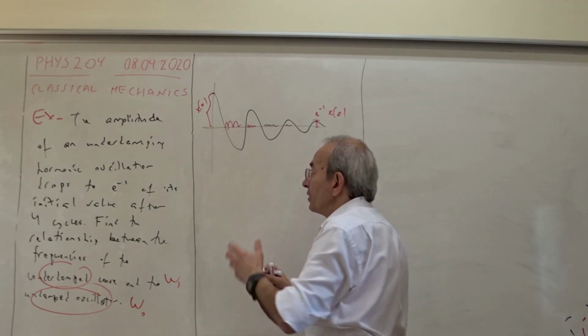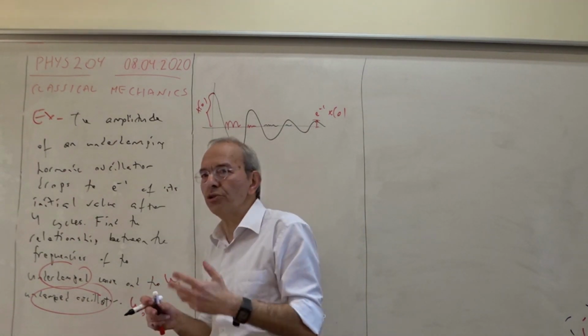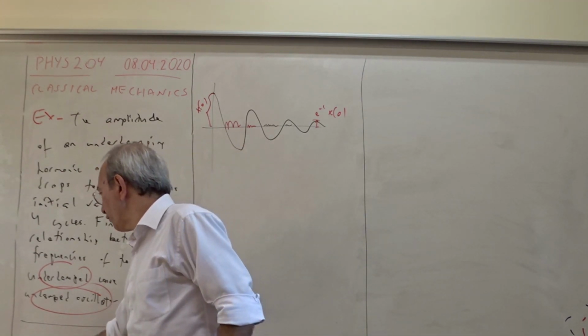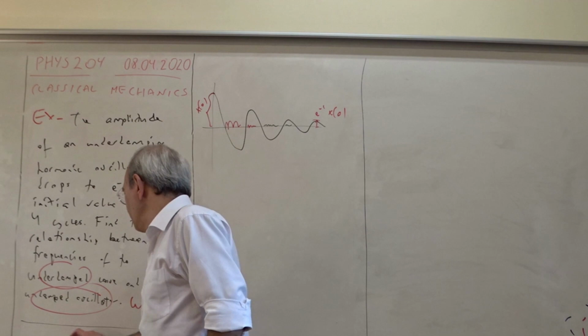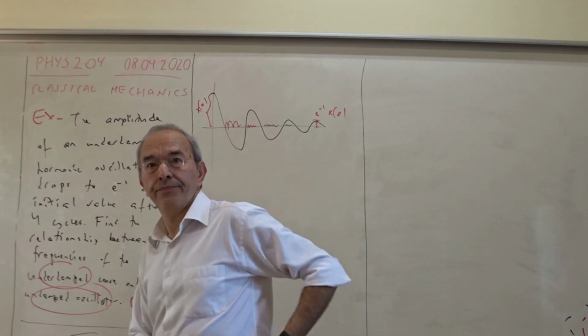These pieces get shorter and shorter, so it is not a perfectly periodic motion. However, remember the formula, omega 1 was defined as the root of omega 0 squared minus beta squared.